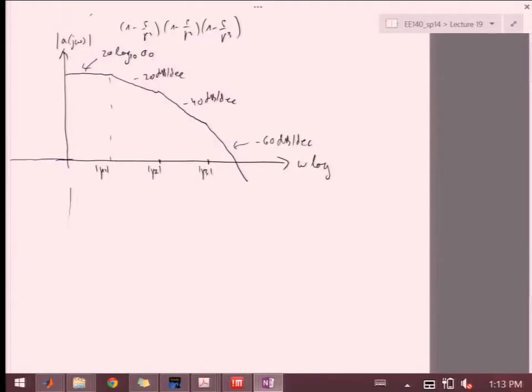And then if we looked at the phase characteristics, this was the angle of A of j omega. We were going down by 90 degrees at every pole.